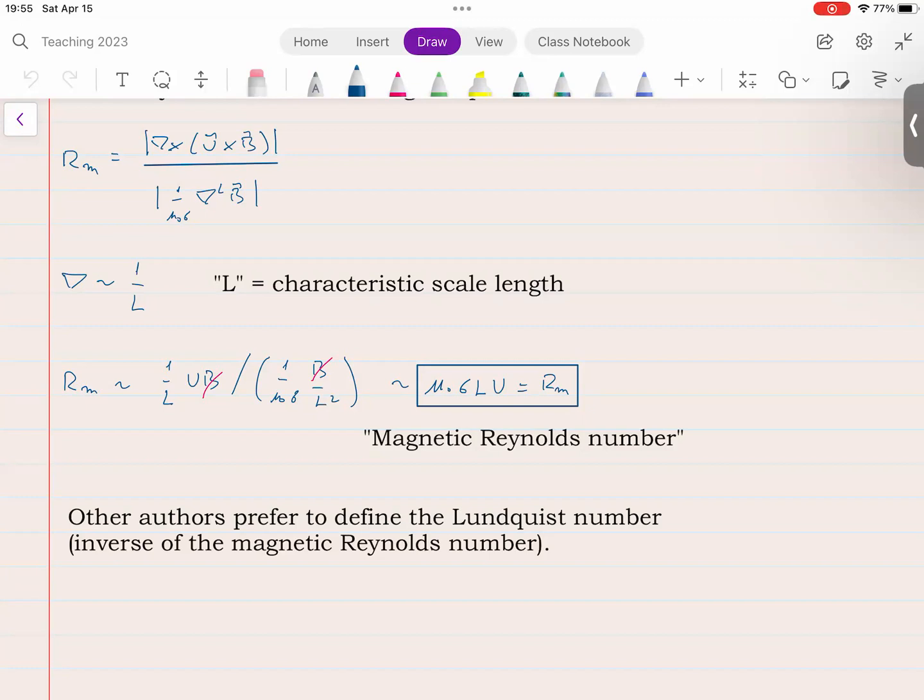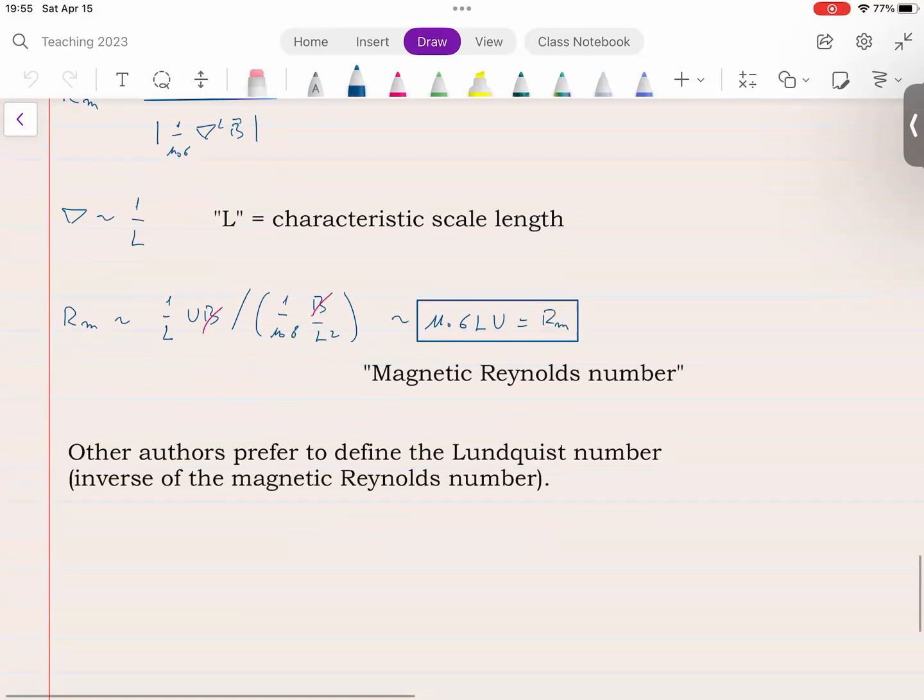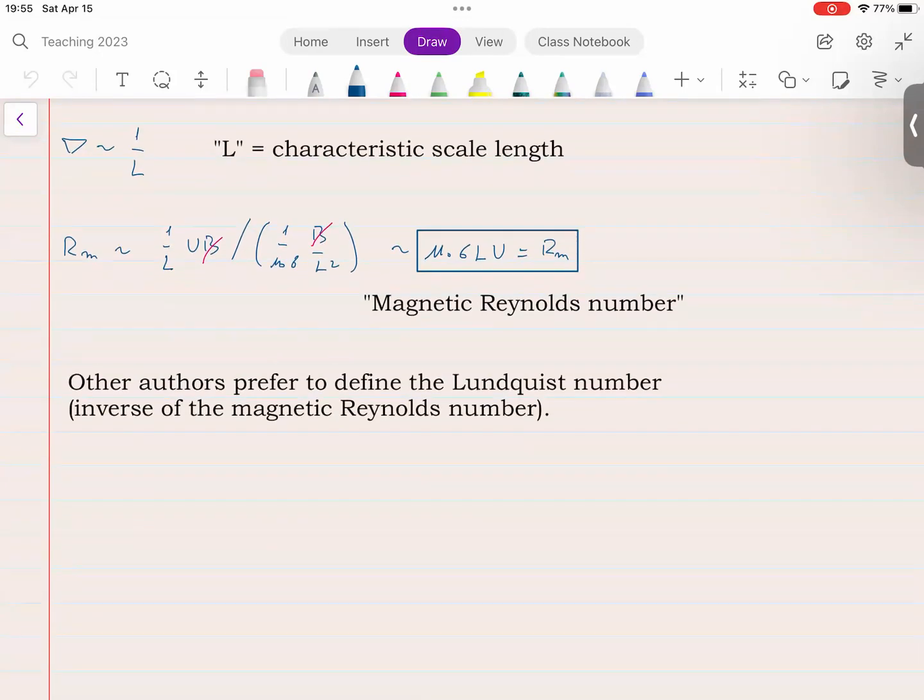So if we interpret plasma resistivity as some type of viscosity or some type of dissipative effect, it may make sense to call those two numbers with the same name.